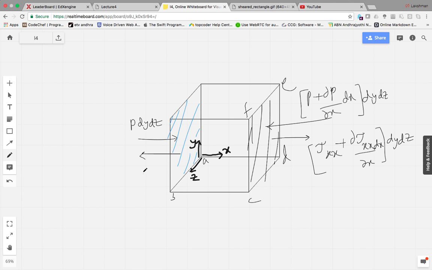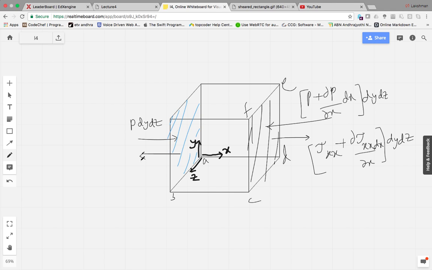That means the fluid element here has a lower velocity than this fluid element. When you sit on this element, the fluid on the left side is trying to go backwards, that means it's trying to pull to the left side. The fluid element on the left side is trying to pull this particular fluid element to the left.